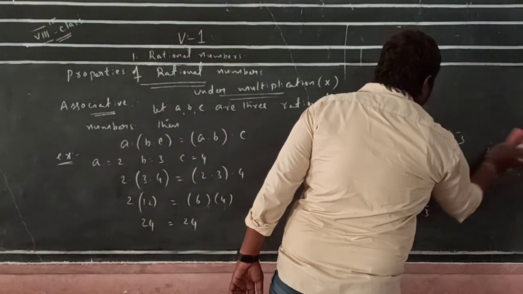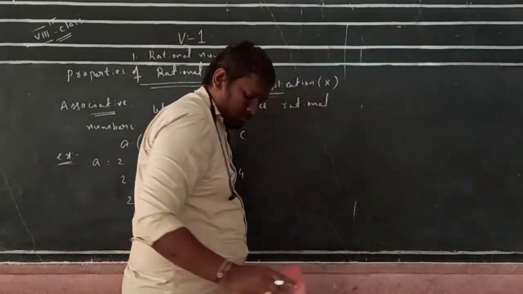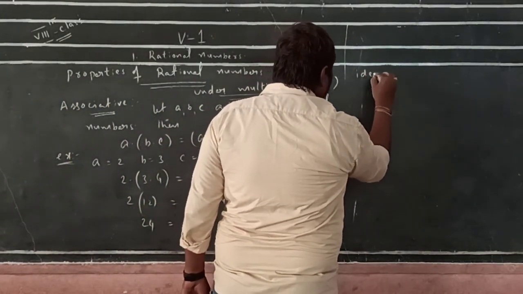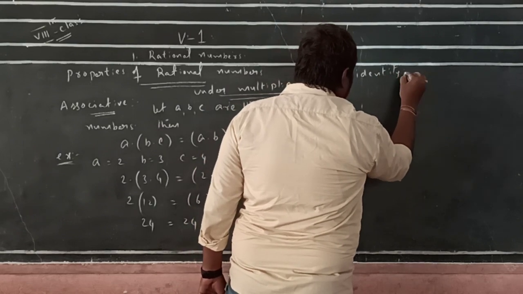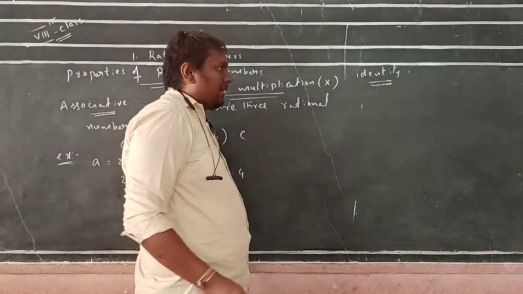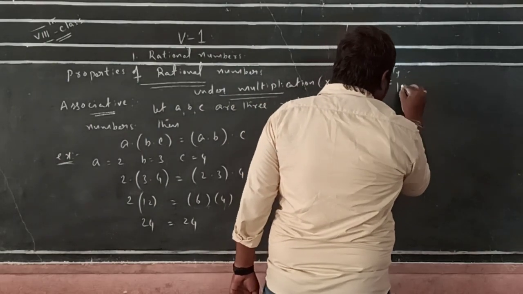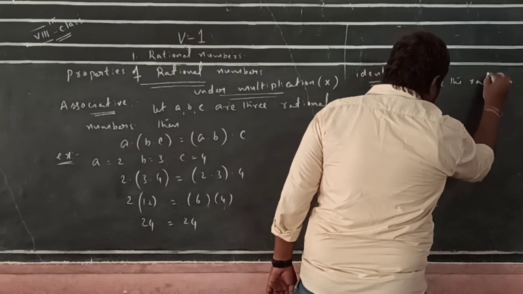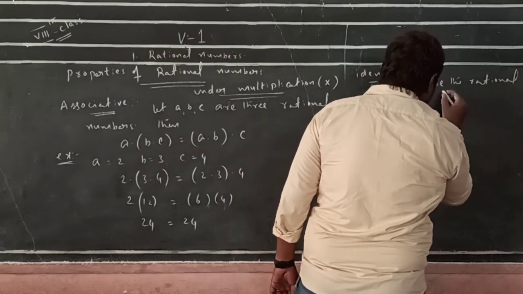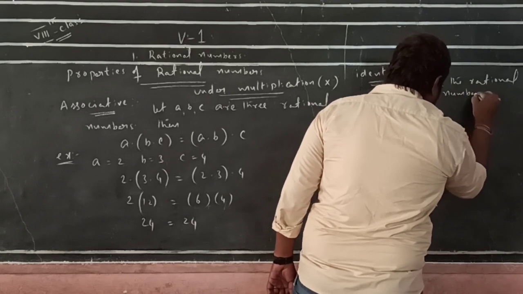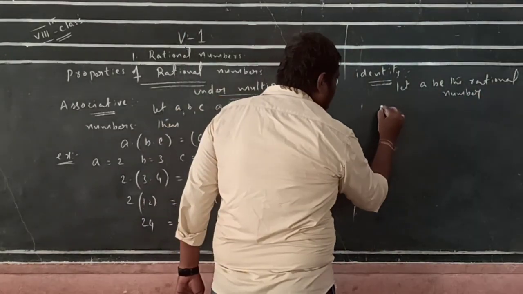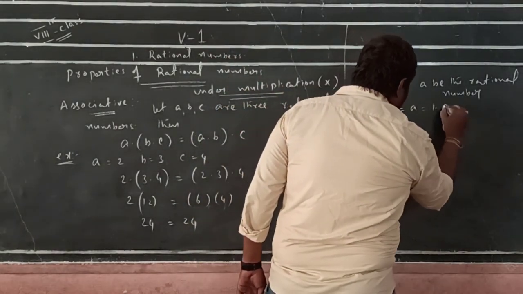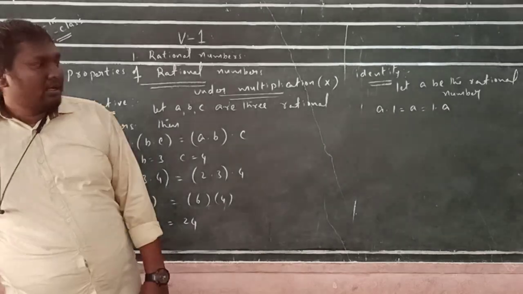Next one, what is the next property? Here next property is identity. In identity you can take that A is the rational number. Here the condition is A dot 1 is equal to A is equal to 1 dot A. What is the identity property?